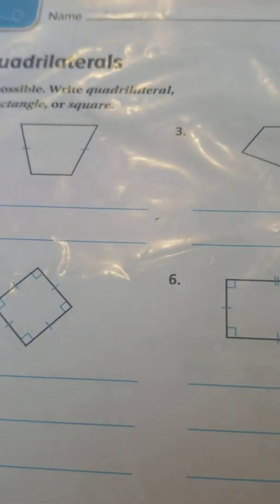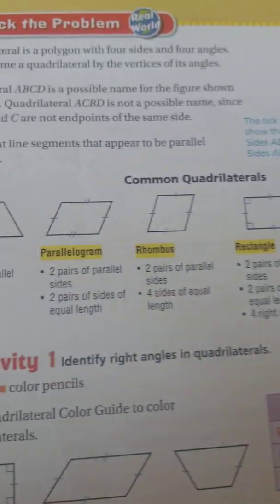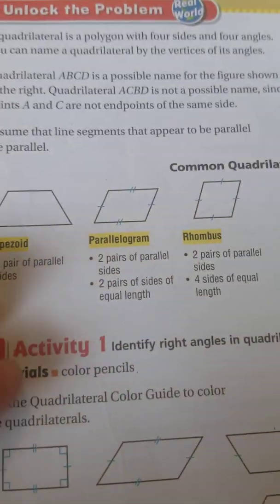All right, so one of the things that you're going to come across is classifying a quadrilateral, so naming all it could be. That's where having this, or the study guides that I've given you, will help tremendously. You really have to think about these things. So I'm looking at this guy right now.